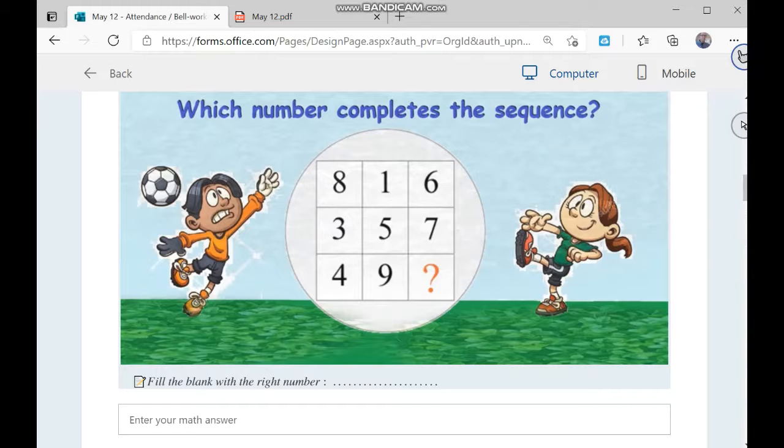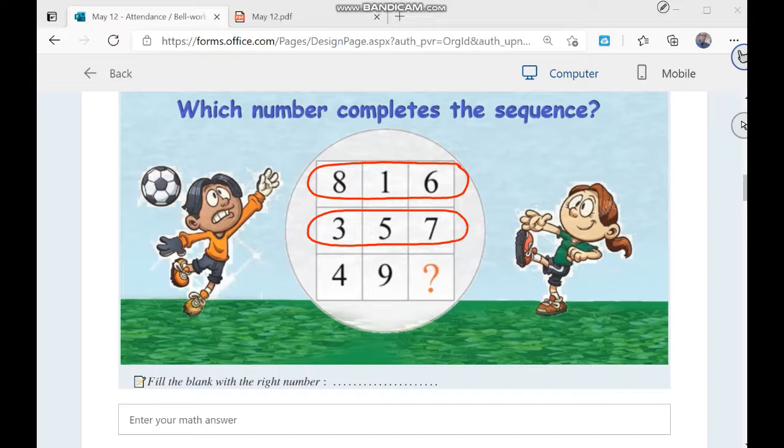Let's check it out. Which number completes the sequence? One thing we can notice is looking at the rows. If you add all the numbers in a row, we have 8 plus 1 plus 6, 15. 3 plus 5 plus 7, 15.